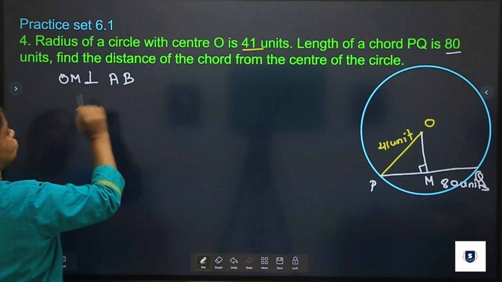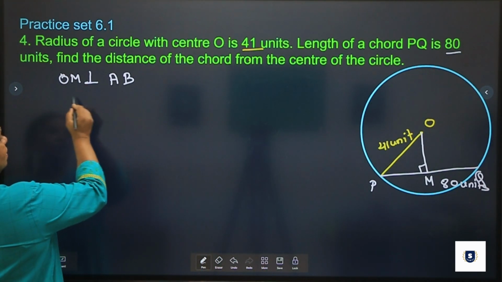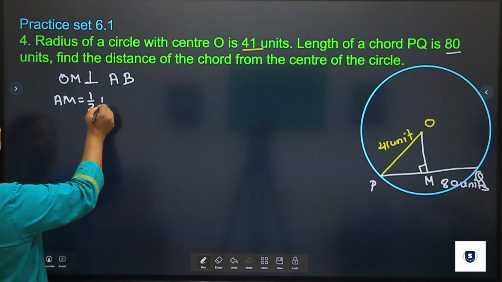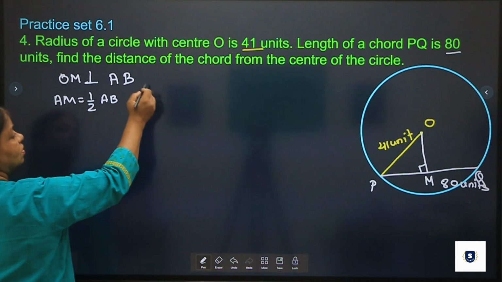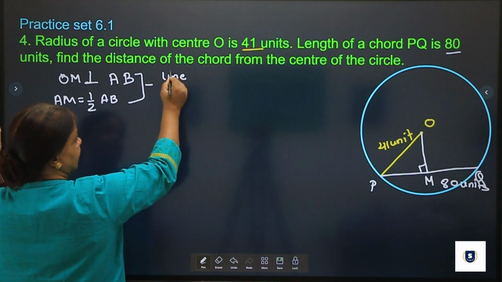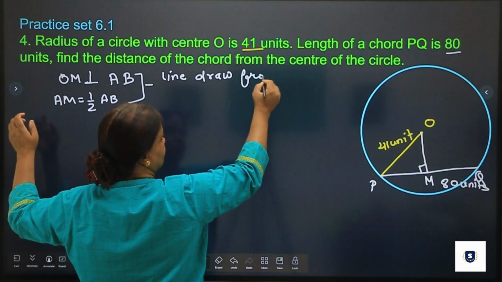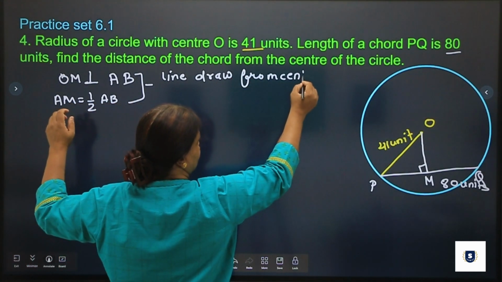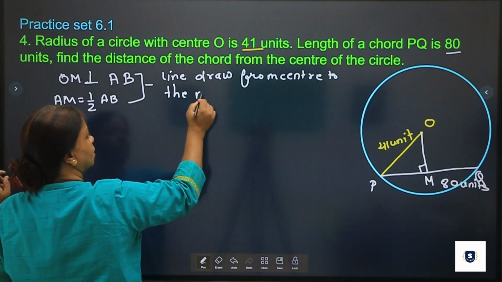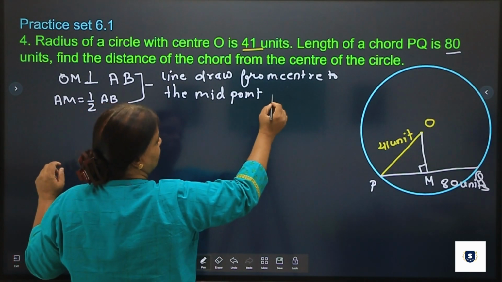So if OM is perpendicular to AB, then AM is equal to half of AB, and we know why, because a line drawn from the center to the midpoint is perpendicular.